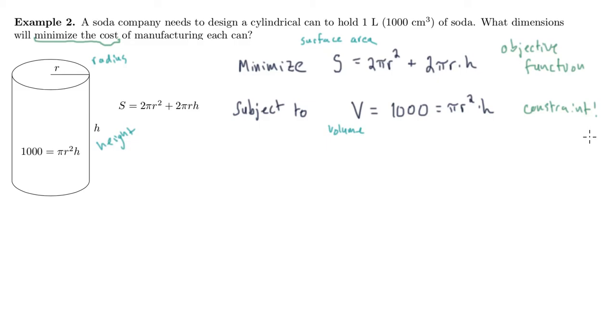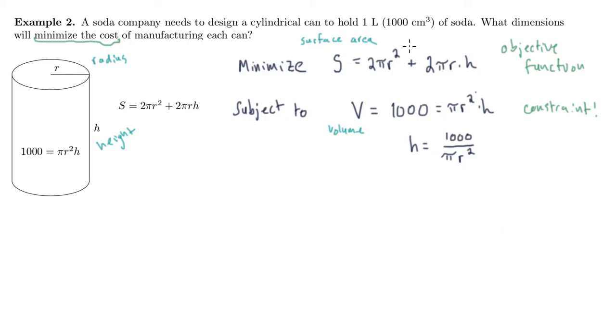Alrighty, great. So now let's solve our constraint equation for one of the variables and then plug that into our objective function, the surface area, to get a function of one variable. If I just divide by pi r squared, I'll get that h should be 1,000 over pi r squared.